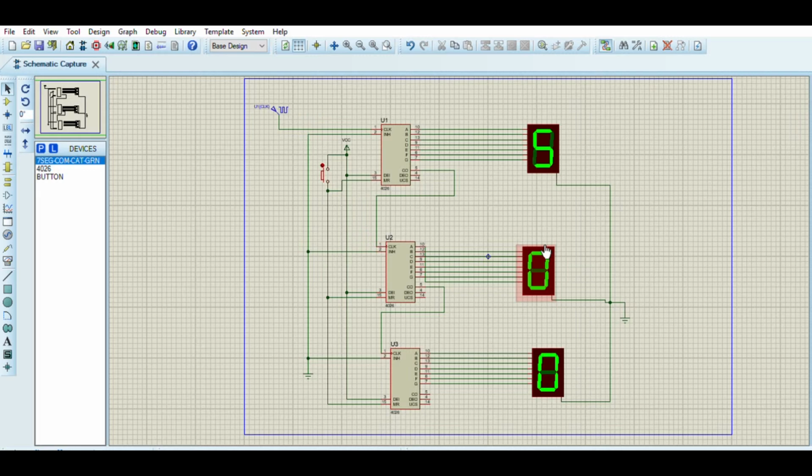If we want to count more than this, we need to add more ICs. Here we have provided a clock to give the input. Our clock is now set to 1 Hz. Now we will run the simulation.